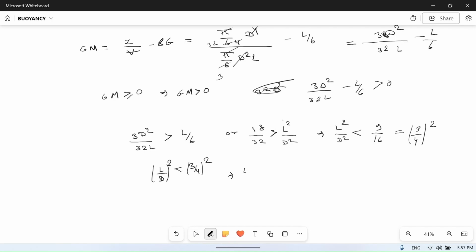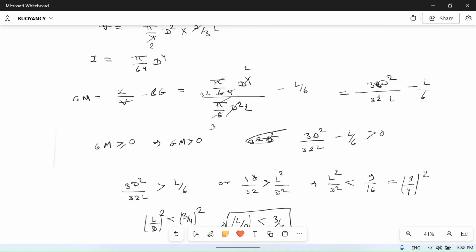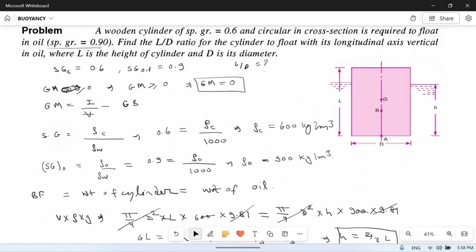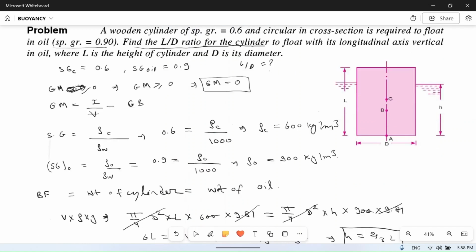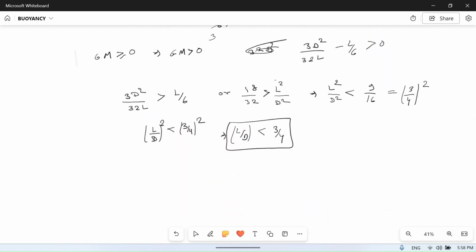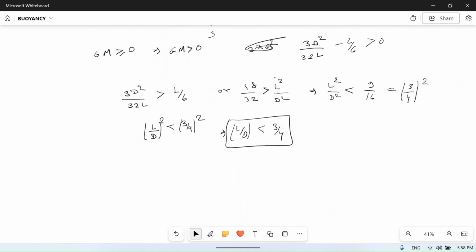So L by D should be less than 3 by 4. So this is our L by D ratio. We had to find only this value in the question itself: find the L by D ratio for the cylinder to float. So L by D ratio should be less than 3 by 4 for the cylinder to be floating stably.